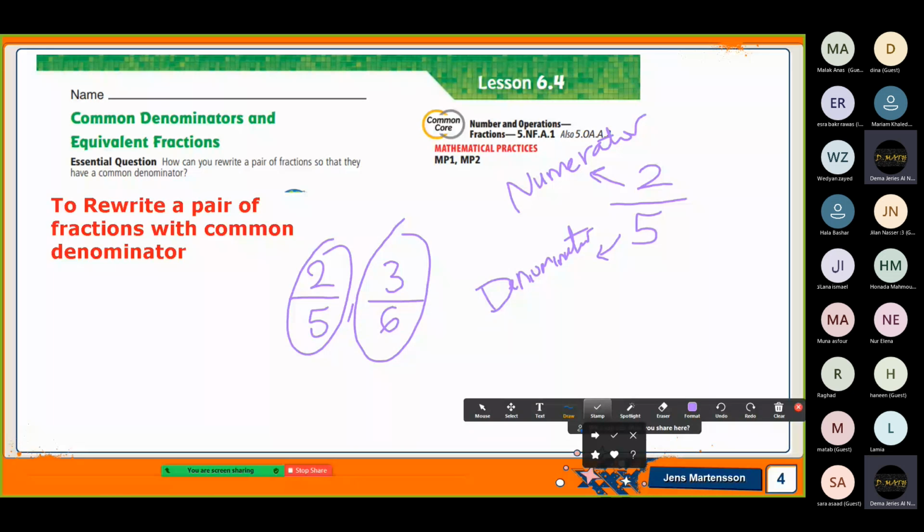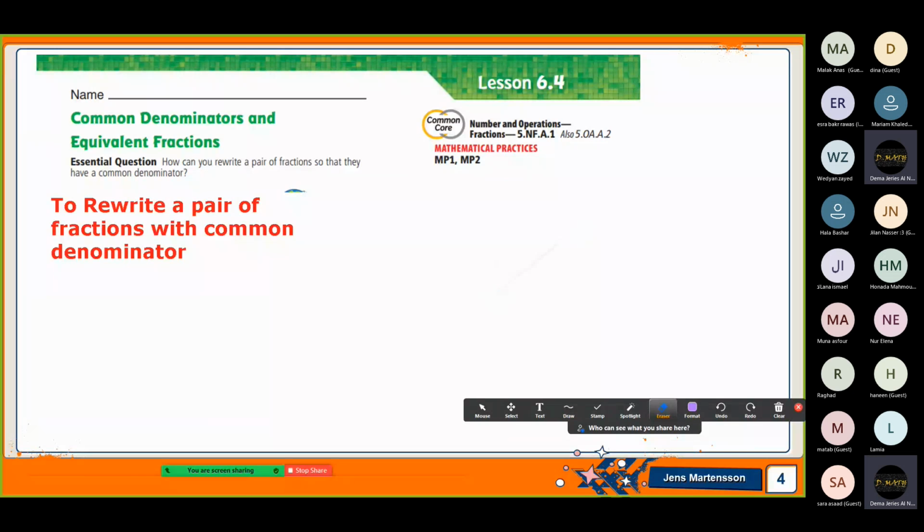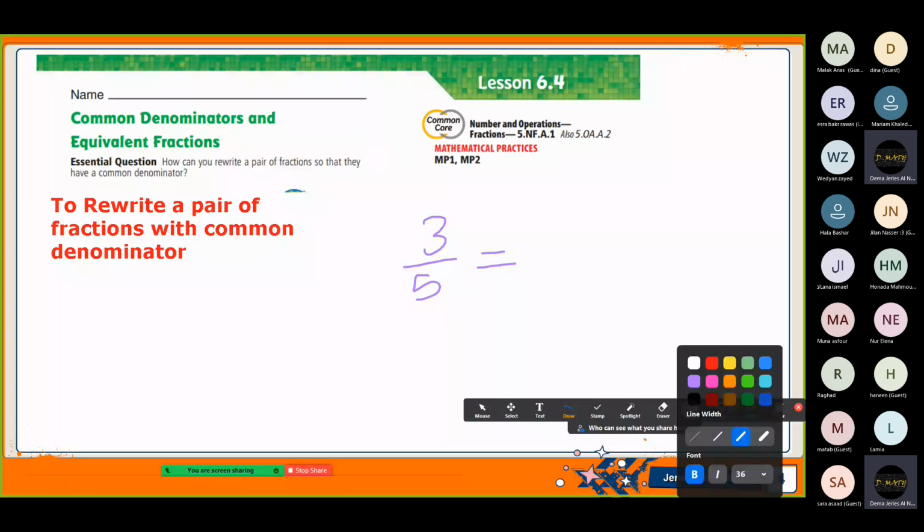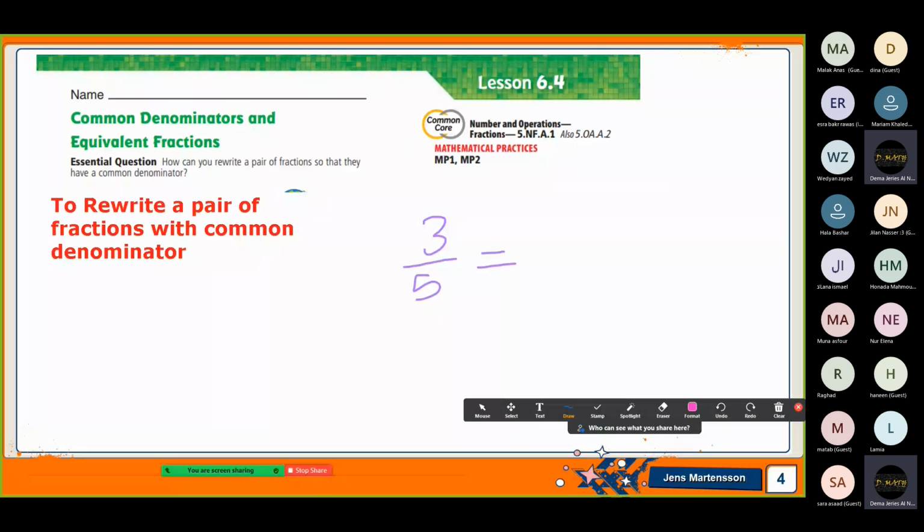What do I mean by equivalent? Equivalent means, if I have 3 over 5, and I tell you now, give me a fraction that's equal to 3 over 5, what do you have to do?